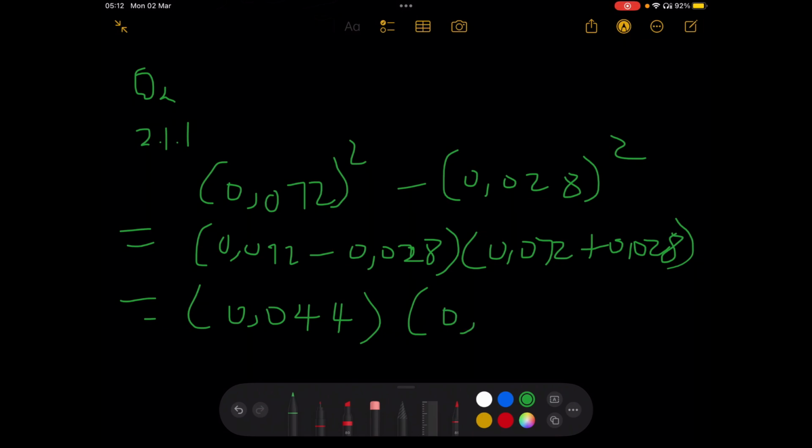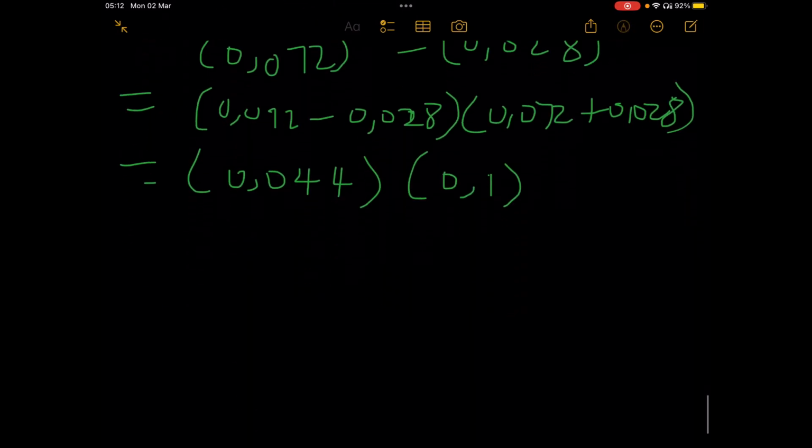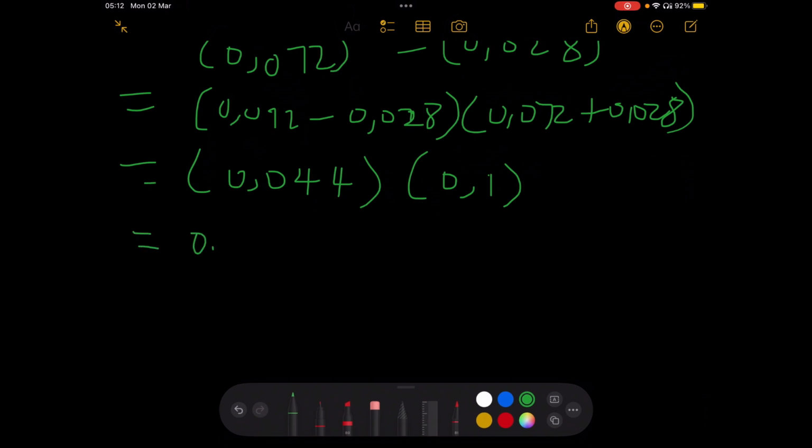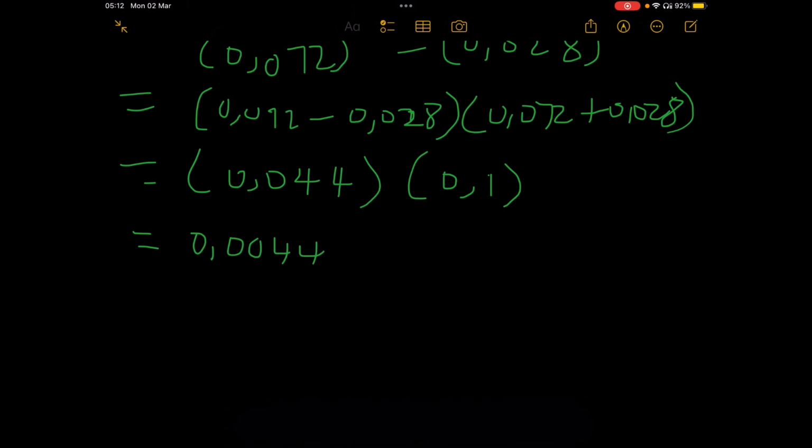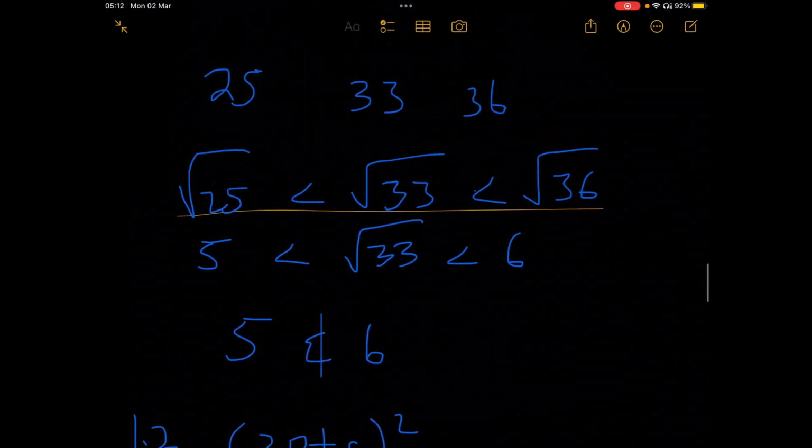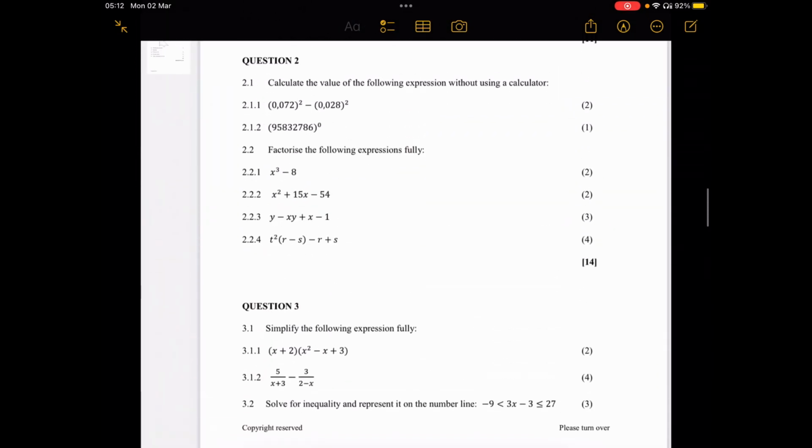Multiplied by 0,1. Now, when you multiply something by 0,1, that means you're adding a 0 to it, so it's 0,0044.